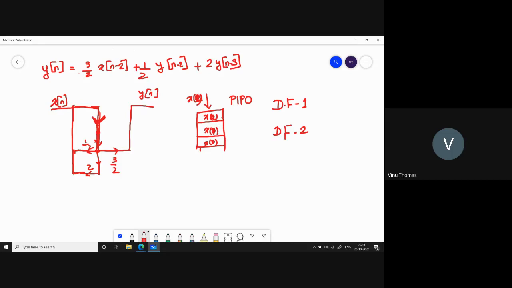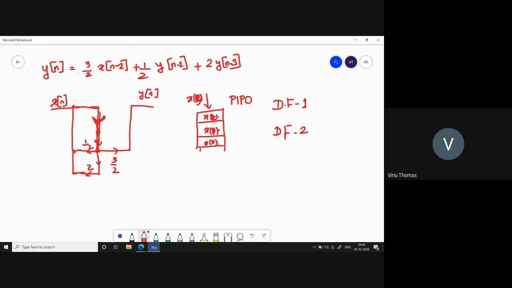Is it understood? So you can assume that all your input samples are going through this queue. Your present sample will be here, and the previous input sample will be appearing in this memory location. In the next clock, this will be pushed downward, and you will have this value here.